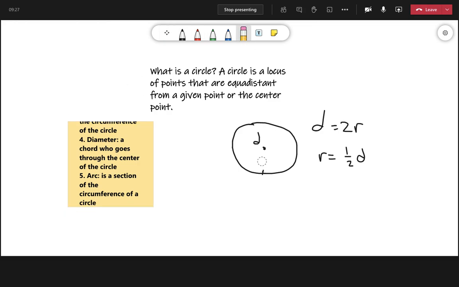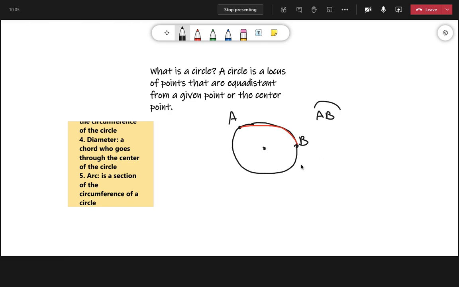Let's just say I made 2 points on my circle, this is A and B. If I were to draw a line from A to B, like that, that would be arc AB. So it's just consisting of these points inside the 2 endpoints. So it has 2 endpoints on the circumference, and everything in between is our arc.